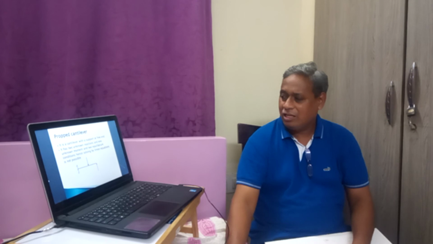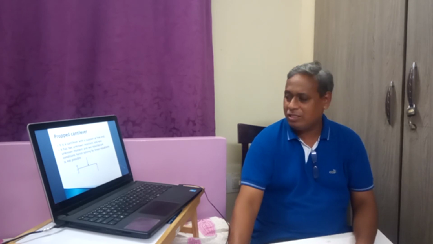At one end there will be a fixed end, at the other there will be a simple support. Then at the fixed support there will be a reaction and a moment. At the free support there will be only reaction.